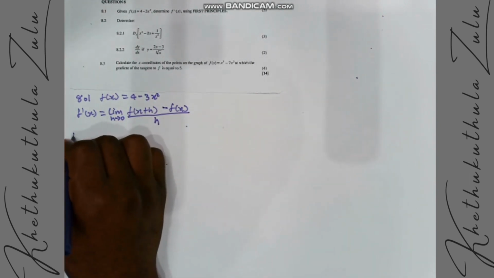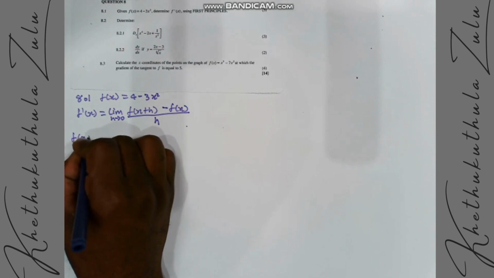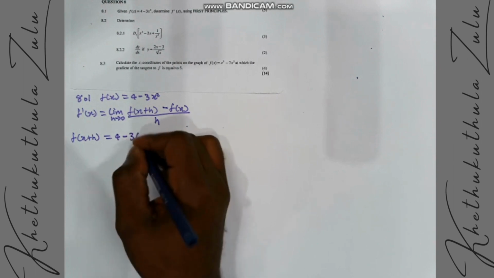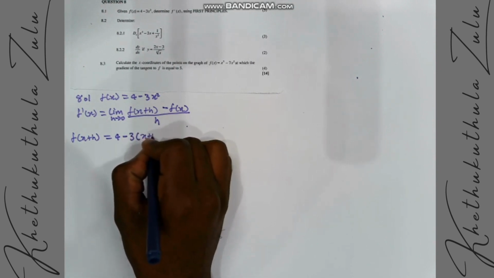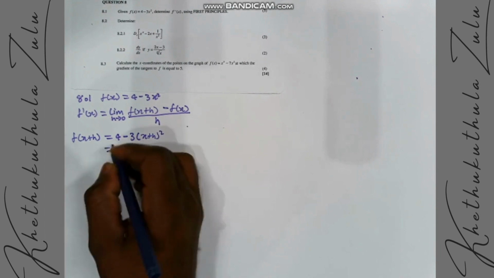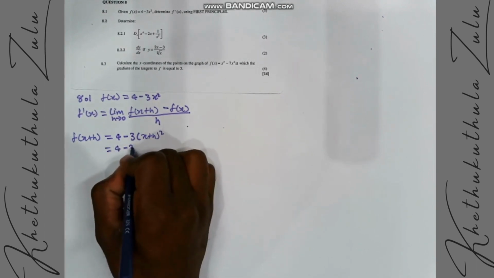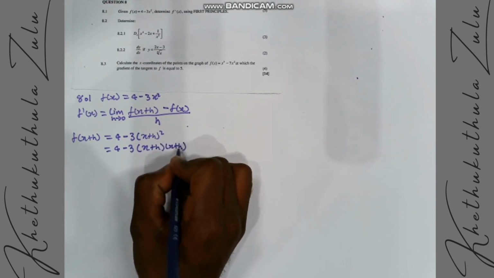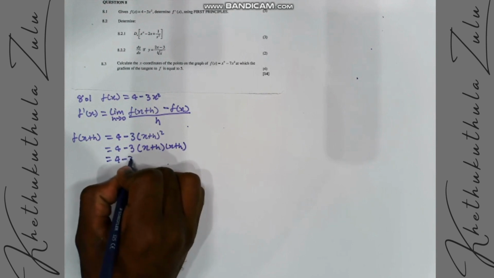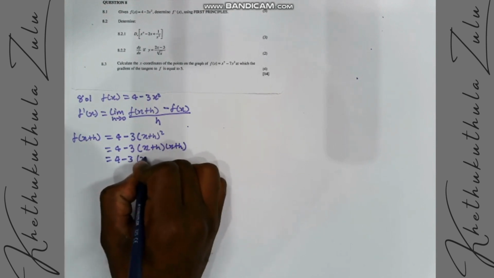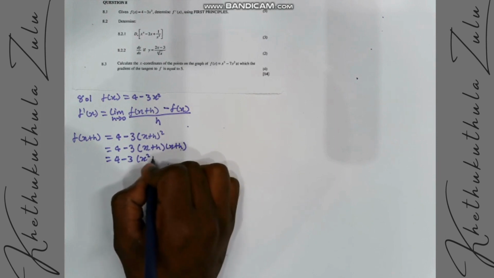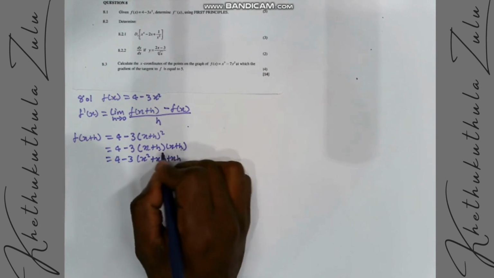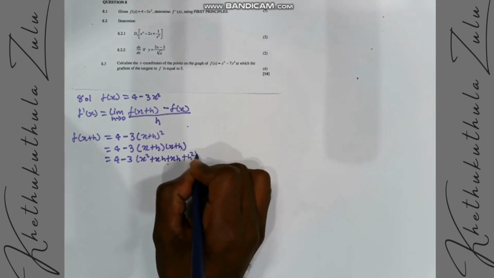Now we can first find f(x plus h) by saying 4 minus 3, then we substitute x plus h all squared. Then 4 minus 3 and x plus h times x plus h: x times x is x squared, x times h is xh, another xh, and h times h is h squared.